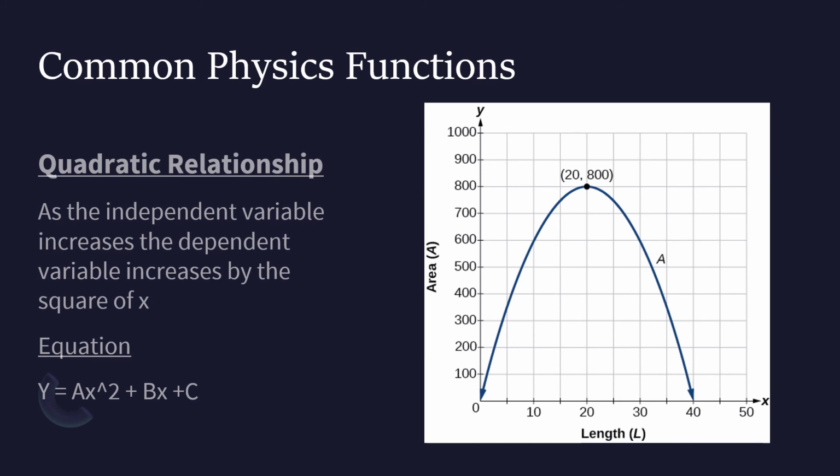Okay. Fourth relationship here is the quadratic relationship. We'll see this a lot, where the independent variable increases, the dependent variable is going to increase by the square of x or some kind of function thereof. Where you're going to end up with the expression y equals ax squared plus bx plus c.